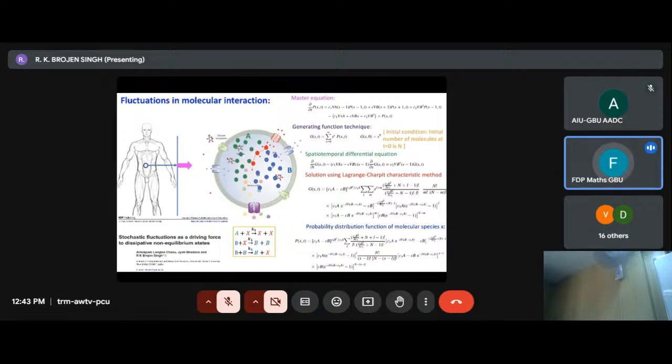Molecular dynamics is one of the other questions. So we are not factoring in quantum mechanical interaction. No, it is invisible. That's right.